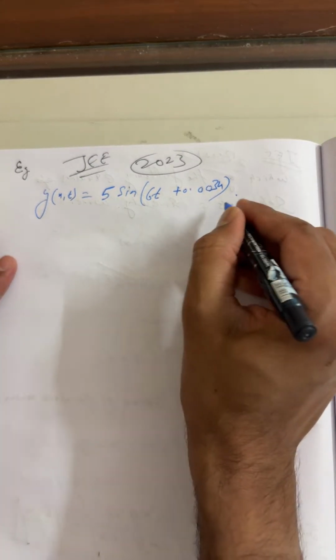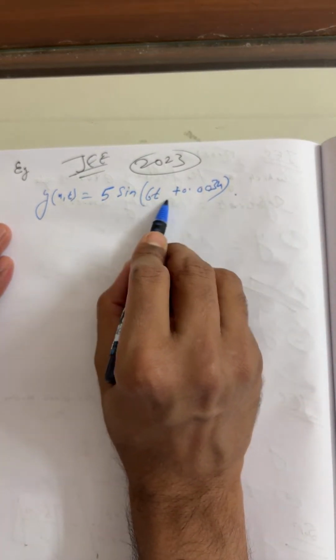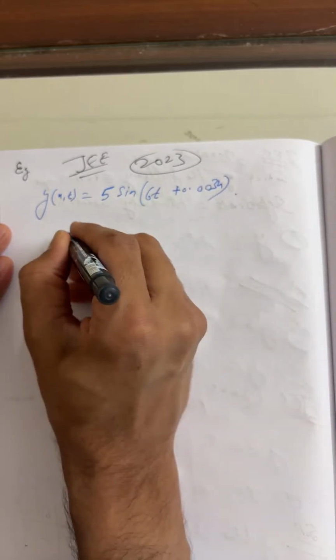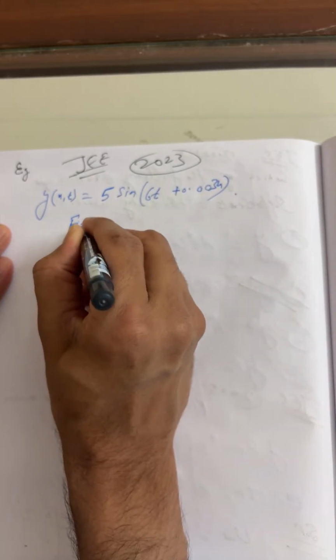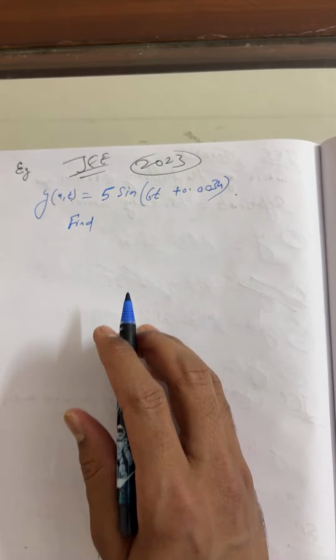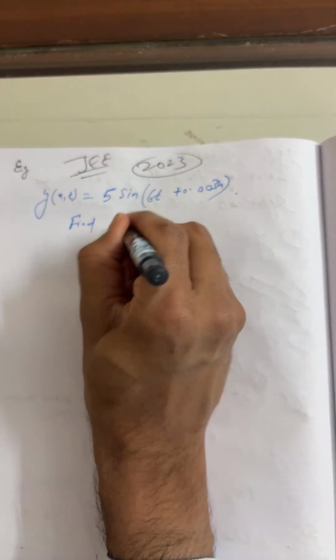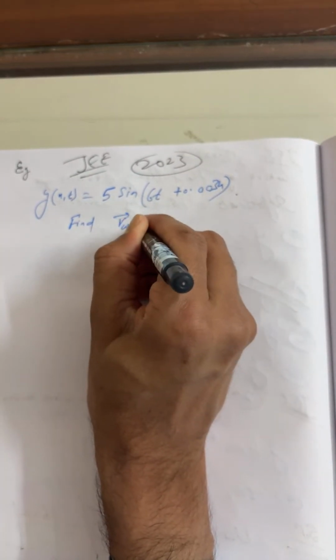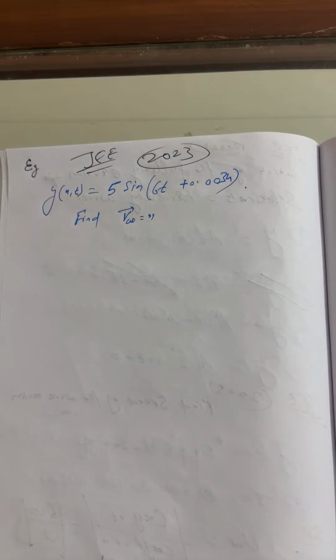Find the velocity of the wave. It's integer type, there is no option at all.